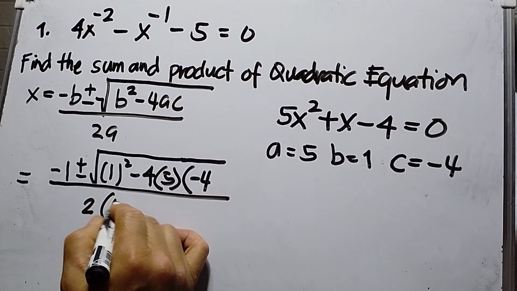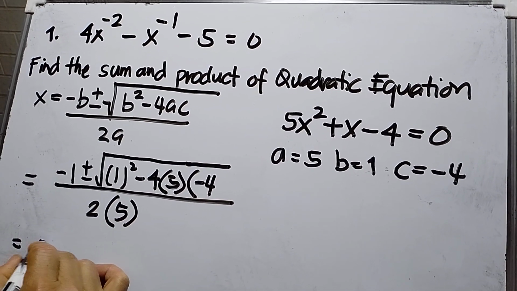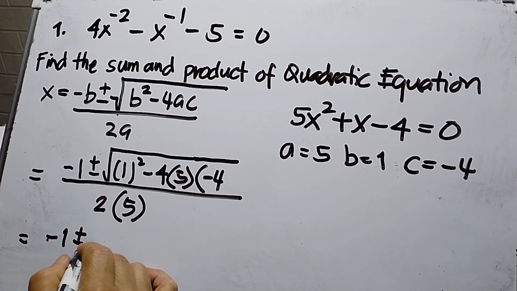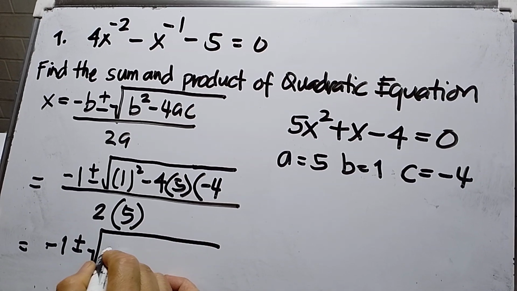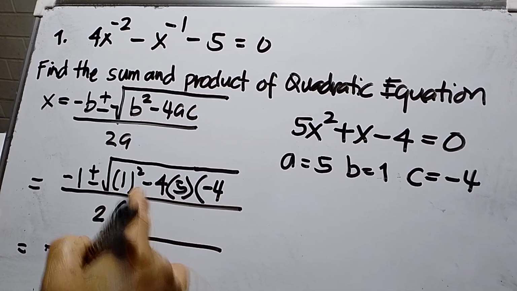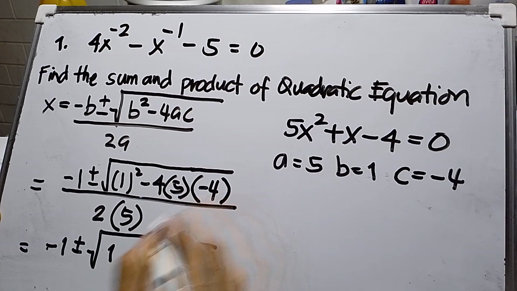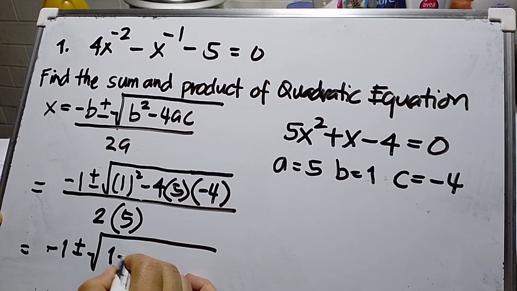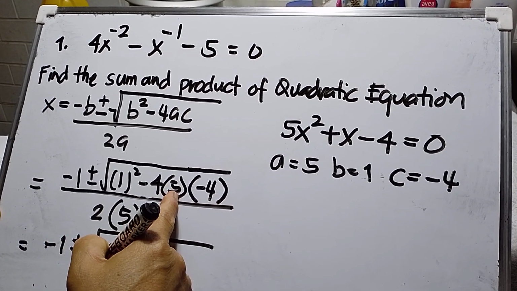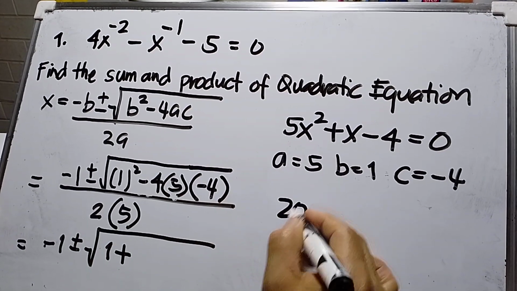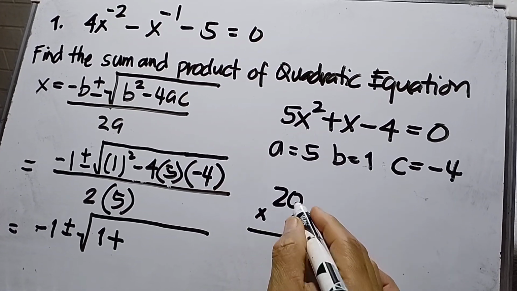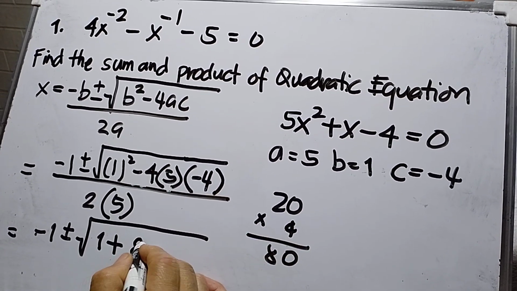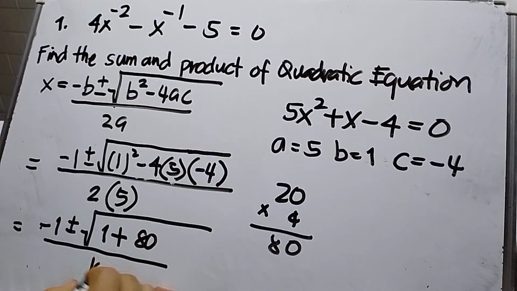is 5. So this will be negative 1 plus and minus square root of 1 squared is 1, and then negative times negative is positive. 4 times 5 is 20. 20 times 4 is 80. And then all over 10.